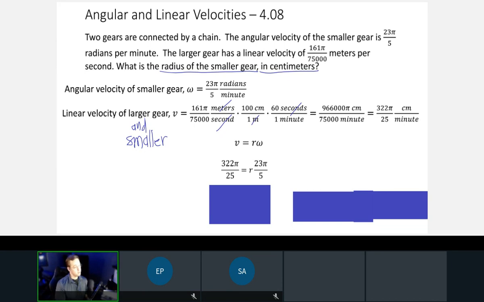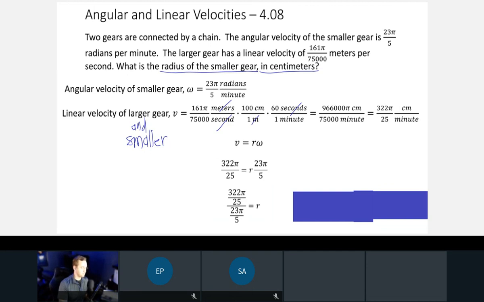Solving for r, we multiply both sides by 5 over 23 pi. Or divide both sides. Multiplying by the reciprocal actually would have been a smarter way to show it, but I don't do everything the smart way all the time, only sometimes. I don't want to appear too smart, then I wouldn't be human.